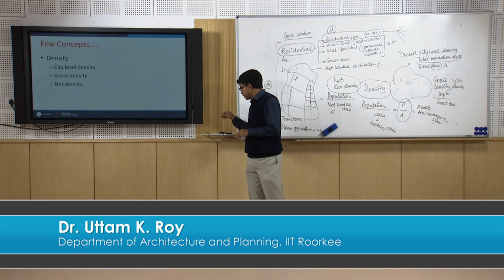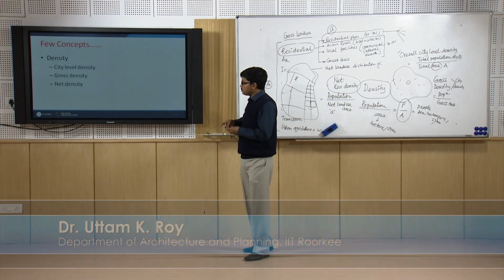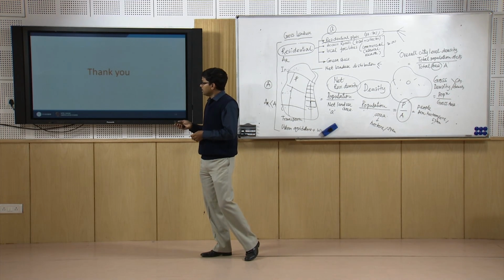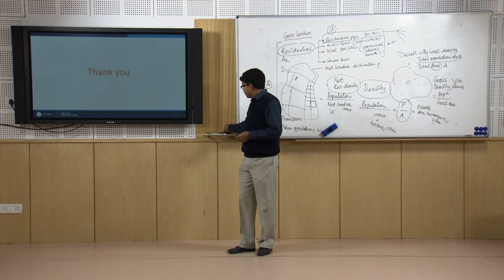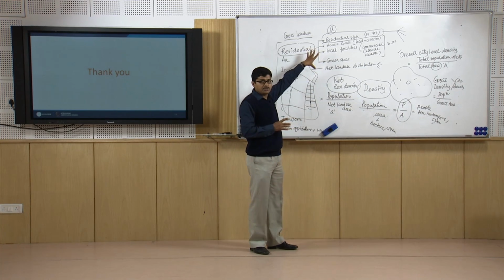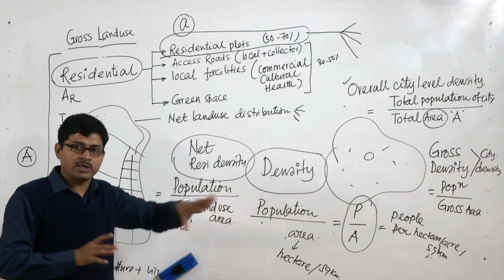So, with this part we will go to the next part of the discussion, on development control, in the next lecture, where we'll see that the land use prescription, which is a qualitative prescription, and the density prescription, which is a quantitative prescription.